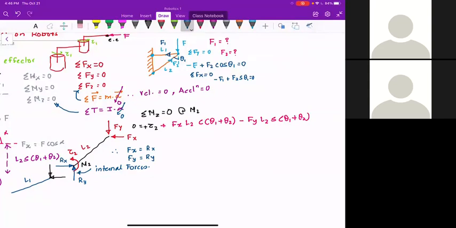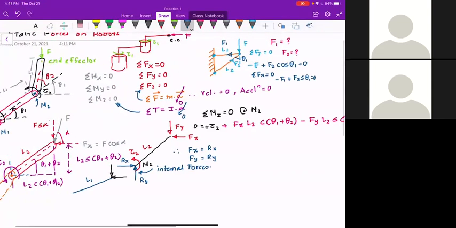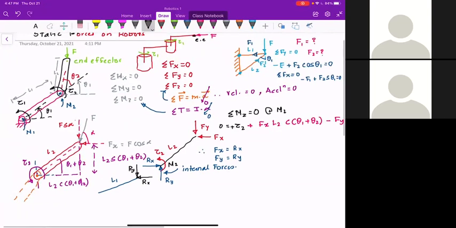Now, clearly at this point, we need to move on and go to link number 1. Now, what happens at link number 1? At link number 1, you have ry, you have rx, and in addition to that, you have tau 1.